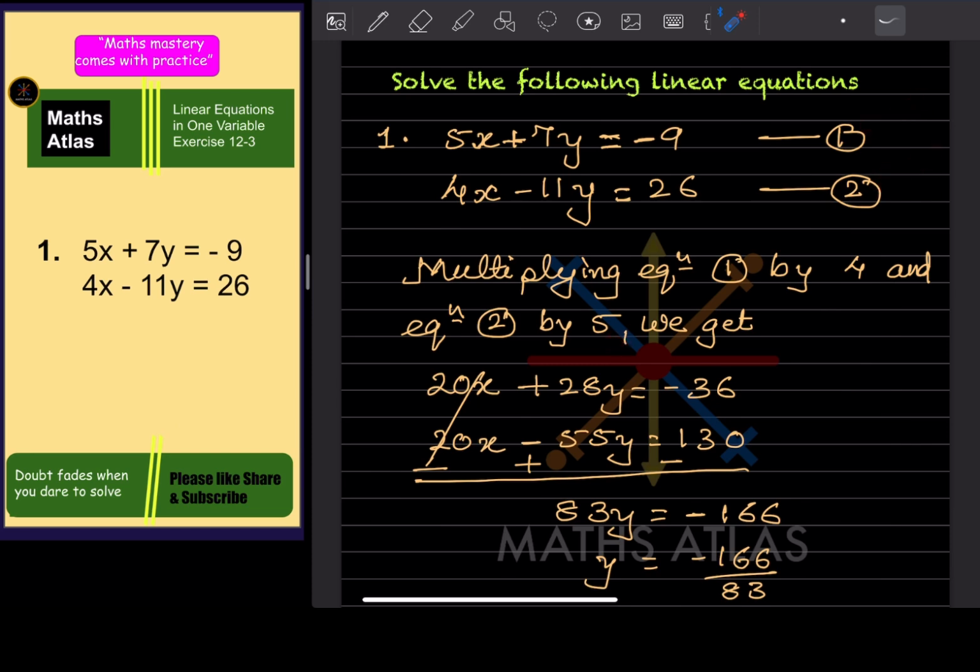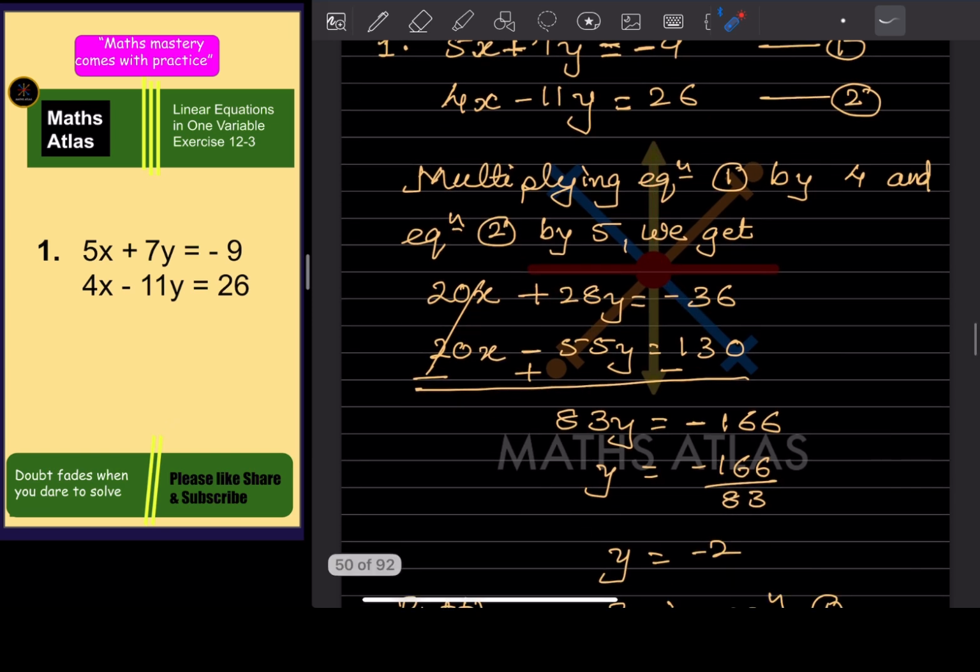After multiplying by 4, that will be 20x, 28y, and this is going to be minus 36. Multiplying the other by 5, it is going to be 20x, minus 55y, and 130. Now what we can see here is that the signs are the same, so we have to change the sign. This is plus, so we change it to minus; this is minus, so it should be plus.